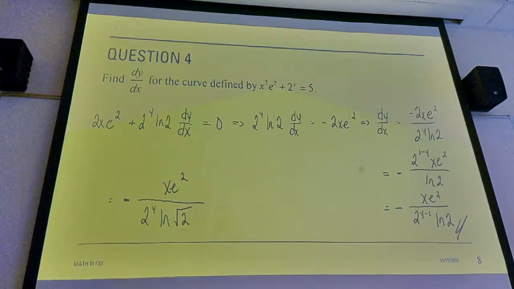Could also write it that way. How? 2 to the minus 1 is 1/2, isn't it? So it'd be log of 2 to the 1/2 power, which is log of root 2. The exponent law of logs. How do I write 2 to the y minus 1?